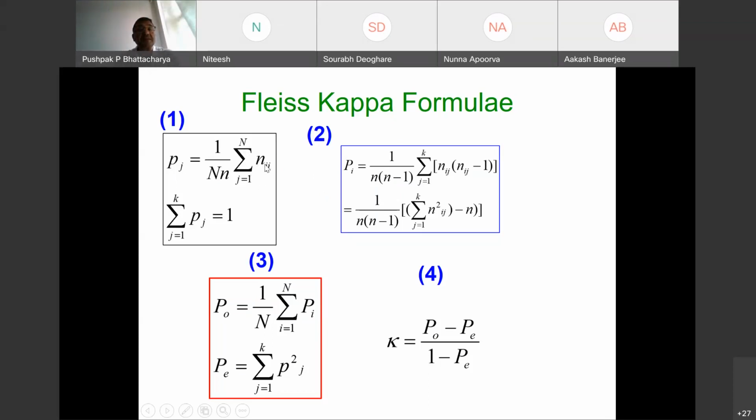Sum up nij over the subjects and divide by capital N into small n. And you can see that the sum over j equal to 1 to k of pj should be equal to 1.